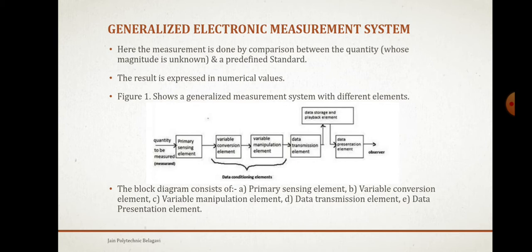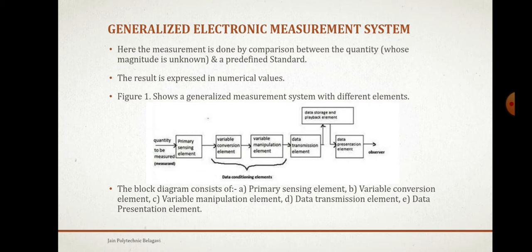The input quantity in most instrumentation systems is non-electrical, such as mechanical, chemical, optical, thermal, etc. These input quantities are ultimately converted into an electrical signal, because an electrical signal can be easily amplified, attenuated, filtered, detected, analyzed, modulated, transmitted, and recorded, and so on.